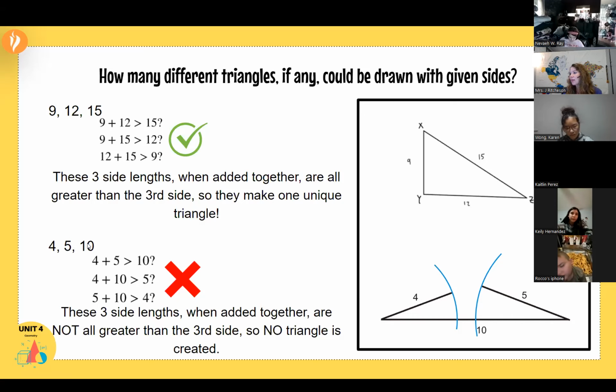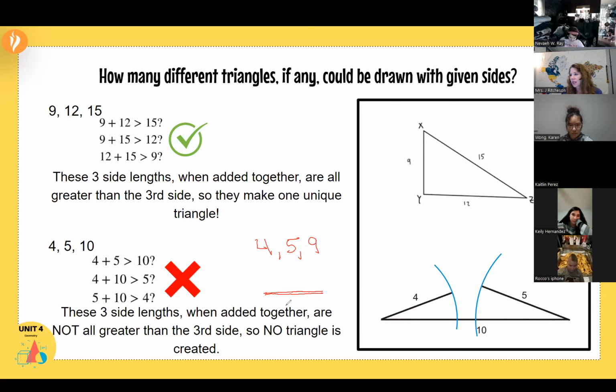Someone asked a great question. What if they're equal? What if the question was, could I make a triangle with 4, 5, and 9? All right, so imagine the bottom line is 9, and I have one that's 4 units long, and another one that's 5 units long. Basically, you're going to end up with 2 parallel lines.